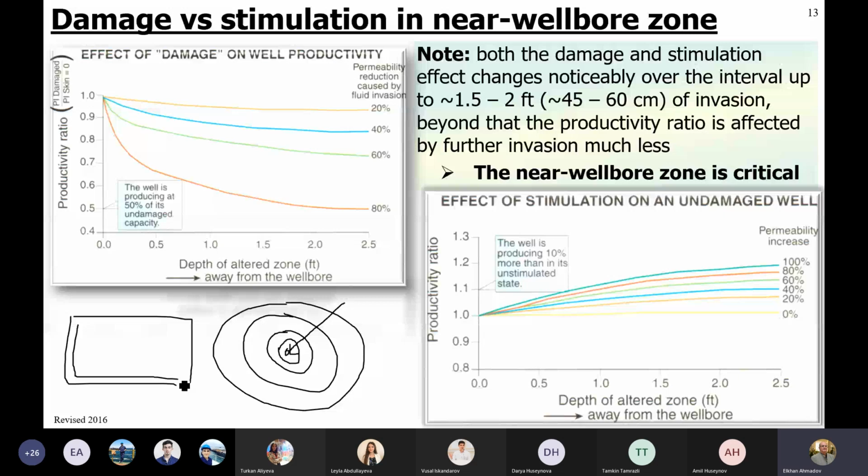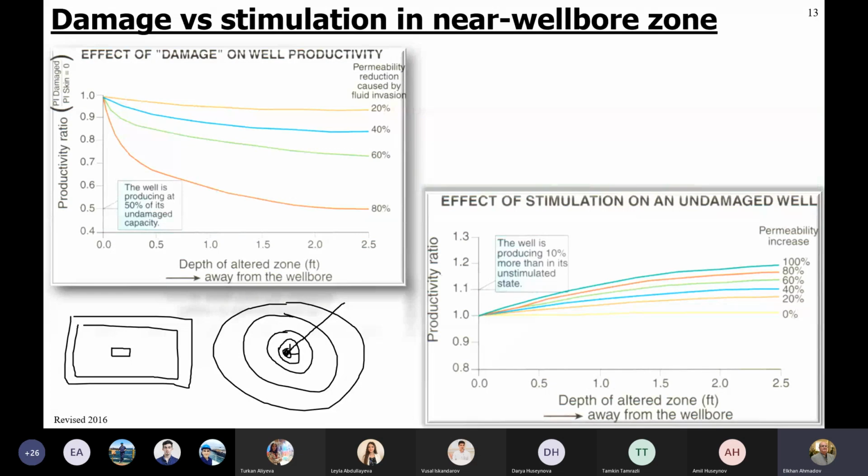But remember, from the mass conservation law, the fluid that started to flow from this edge towards the wellbore should be constant. So as it goes through these radii, through this distance, the resistance to this flow is more and more.